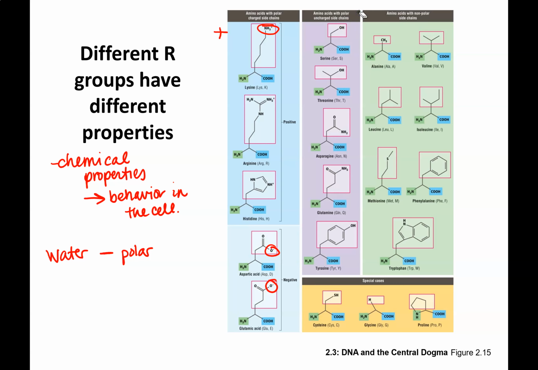We can also have non-polar side chains. This means no charge at all, partial or complete, no charge at all. And so those side chains are not going to interact well with water. They will interact well with things like lipids, which are non-polar as well.